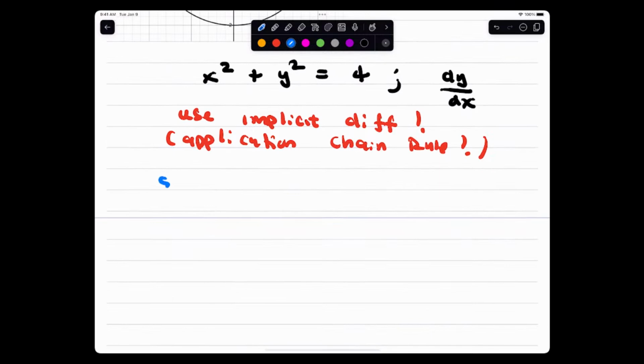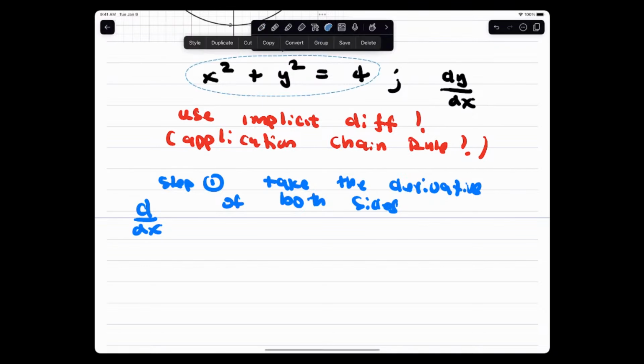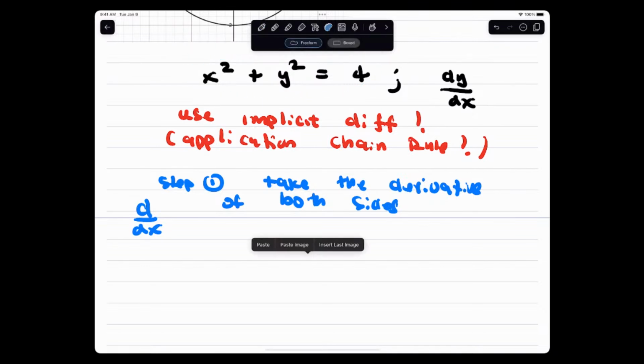Step one. Take the derivative with respect to x of both sides. This is what they mean. This is using operator notation. A very simple kind of thing.